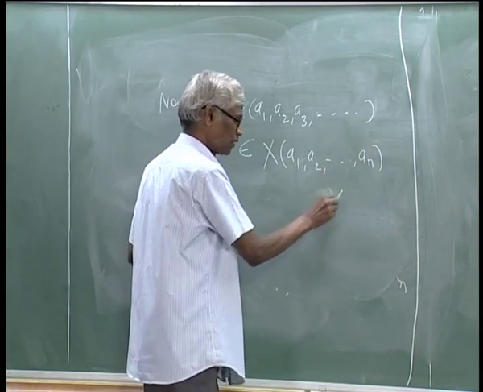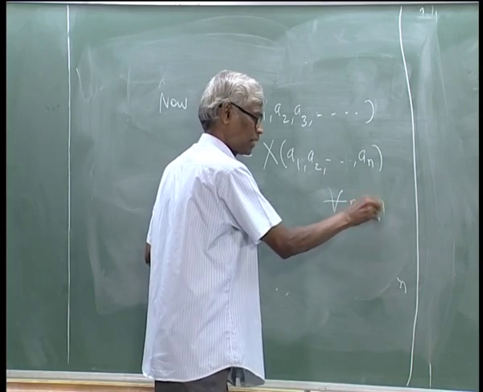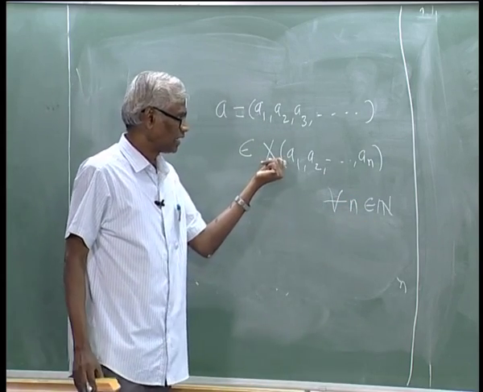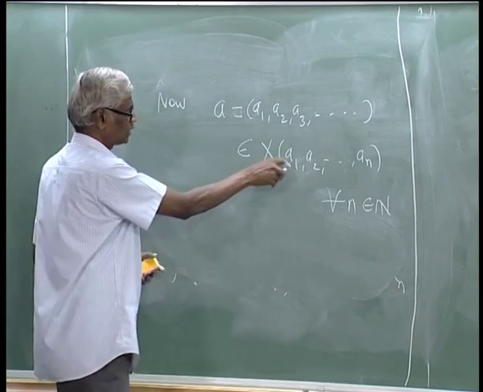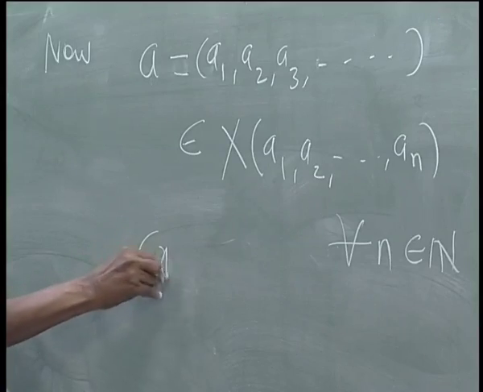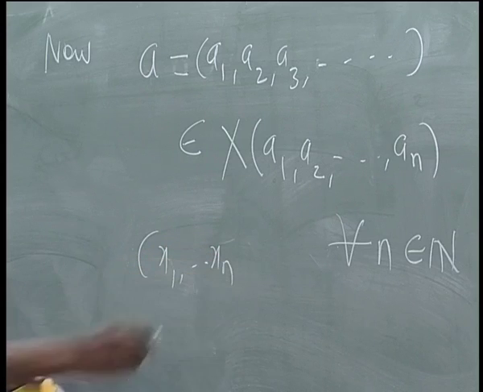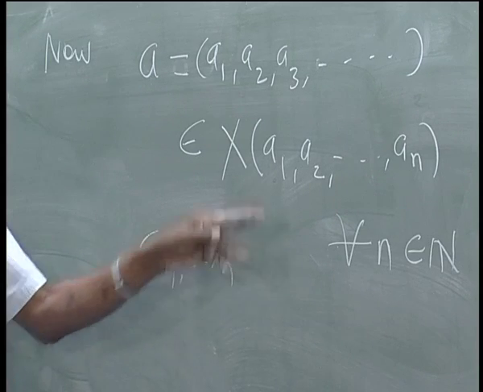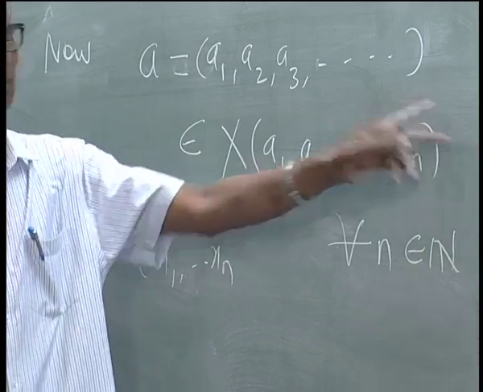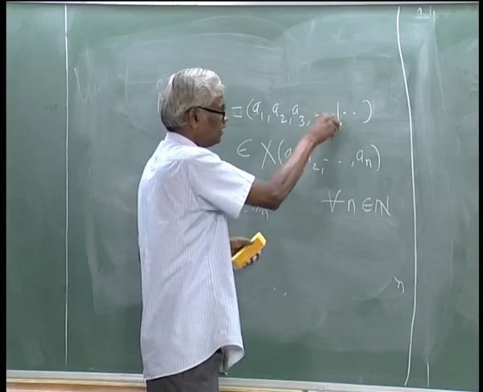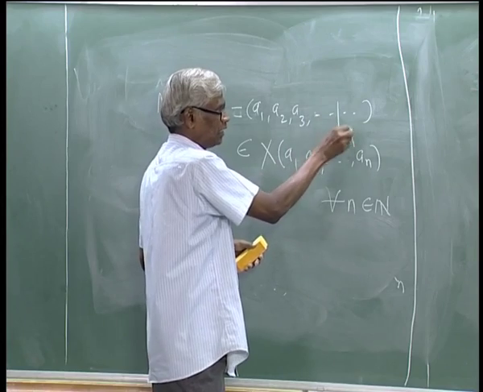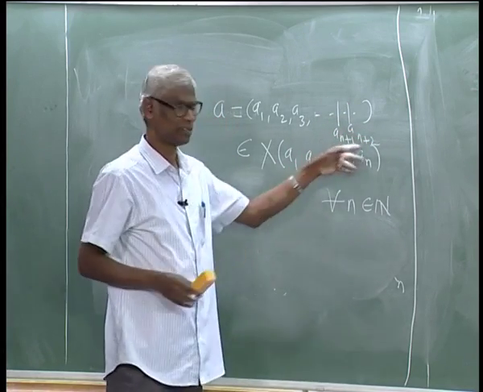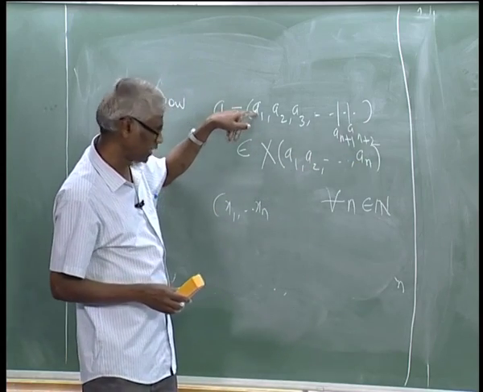So, this is true for all n in capital N. See, here any element is of the type x_1 up to x_n which comes from the corresponding coordinate spaces, after that it is fixed. So, here fixed is a_{n+1}, then a_{n+2}. They are all already fixed. Here it can be variable.